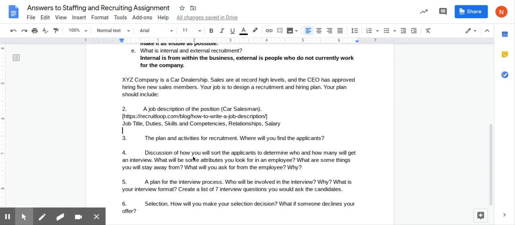Have them do a demo of what they would do in the actual job. That's kind of up to you. Usually, there's at least two different phases of interviewing now. It's not just a one-time thing when you're hiring for these full-time positions.